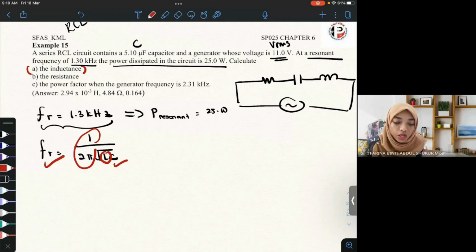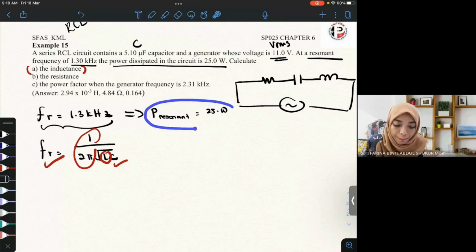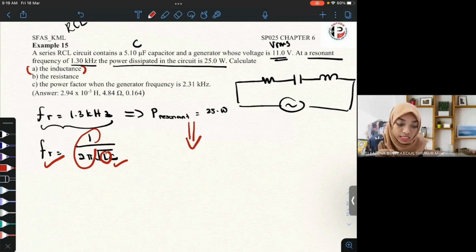Okay, kita guna pakai informasi yang dia bagi dalam soalan, sebab dia kata kita ada power dissipated at resonance sebanyak 25. Power can only be dissipated across a resistor sahaja.